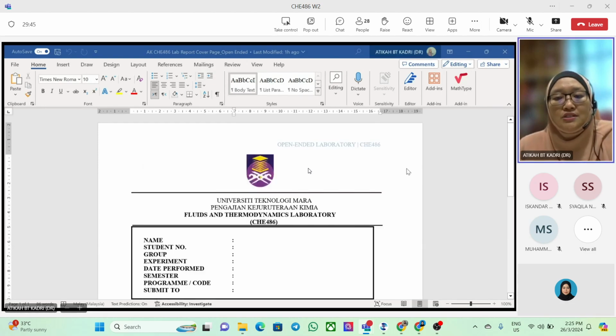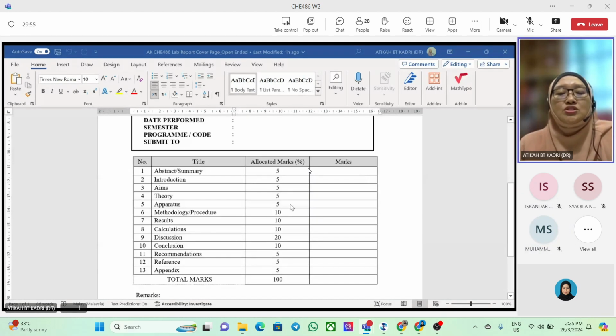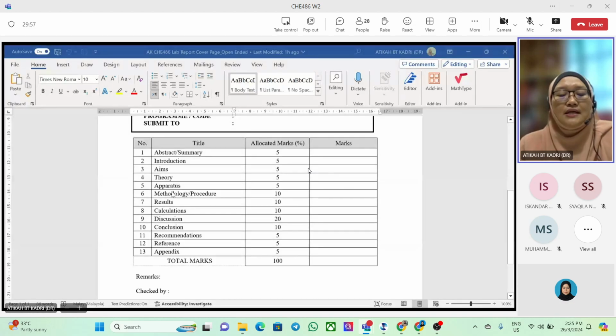Any questions so far with the front page? No. Okay, so for open-ended, you should construct your report in a report format. So how does it look like?